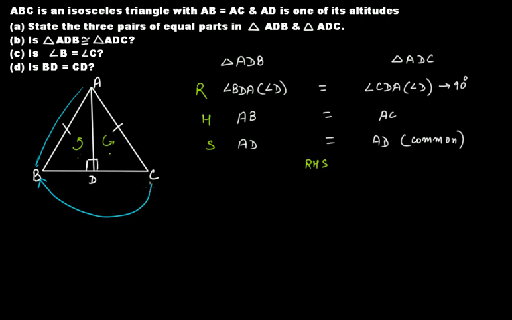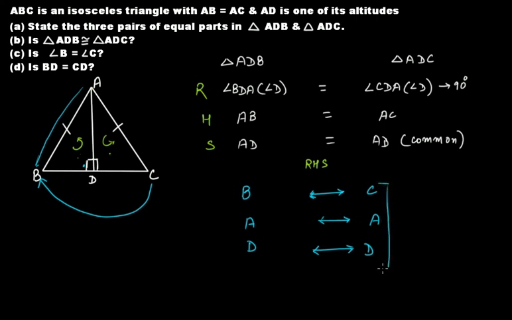So what is the correspondence? Vertex B of triangle ADB corresponds to C of ADC. A of this one corresponds to the A vertex of this one, and D is the same thing, this D will completely fall on this D. So vertex D of triangle ADB and vertex D of triangle ADC are in correspondence.